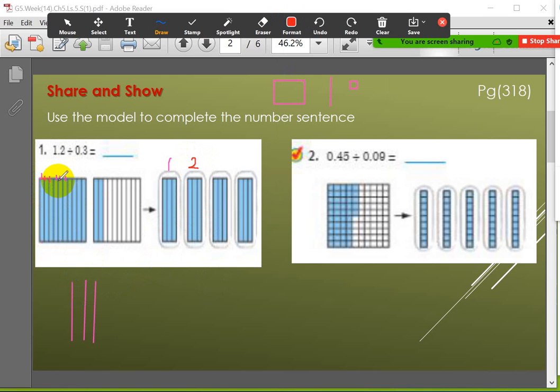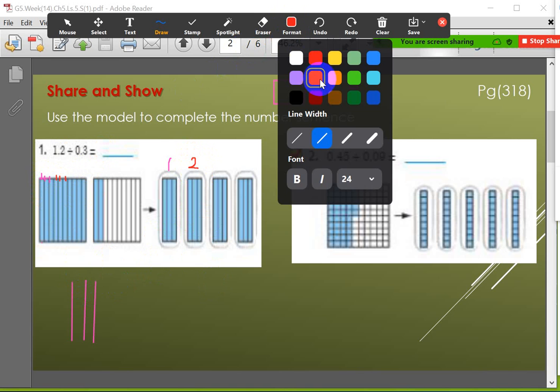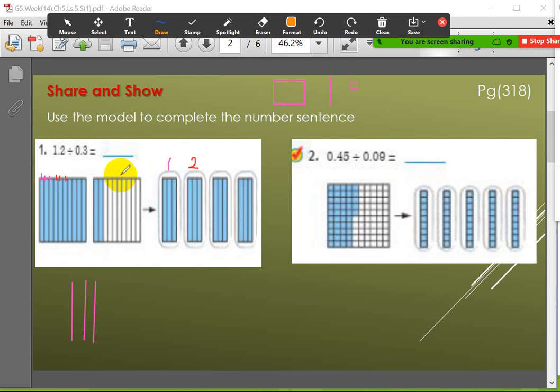Now I will change the color to orange and take 3 longs, because I am dividing by 0.3. So 1, 2, 3 will give me the third group.